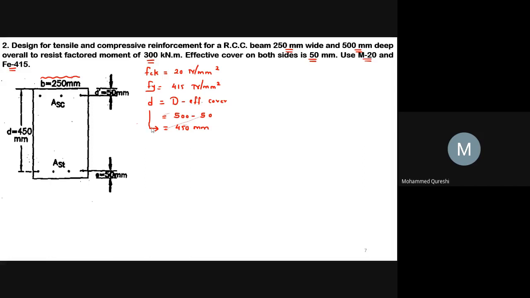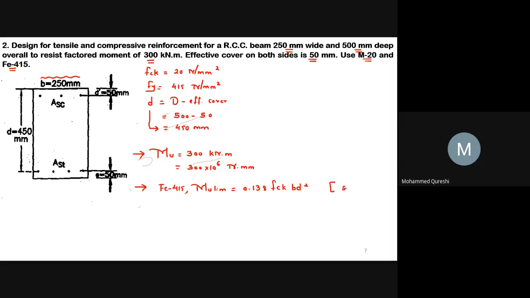Now the moment is given as Mu equals 300 kilonewton meter, which will be equal to 300 into 10 raised to 6 Newton mm. Now we will find Mu limit, the limiting moment. For Fe415 grade of steel, we have the equation Mu limit equals 0.138 FCK BD square.